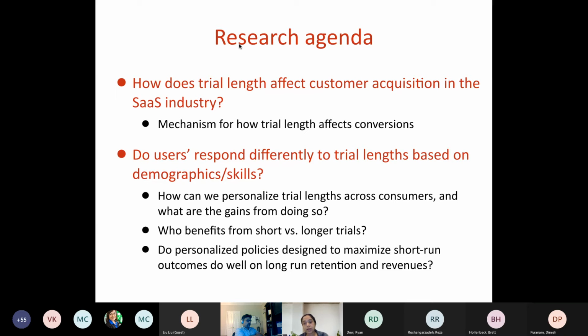And usually they are done to maximize some kind of short-run measure of reward, let's say conversions or subscriptions. But then how do these policies designed to optimize short-run outcomes do on long-run outcomes of interest to the firm, such as retention and revenue? Or what might be the loss from actually not thinking about it in a more long-run perspective?